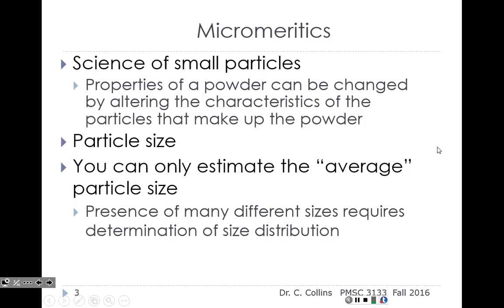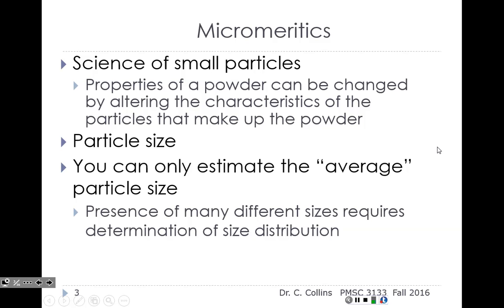And then we're looking at the average or the mean. Because you're going to have many different sizes that are there. So you might want a certain particle size, but you may also want that particle size to be either widely distributed or have a very small distribution.